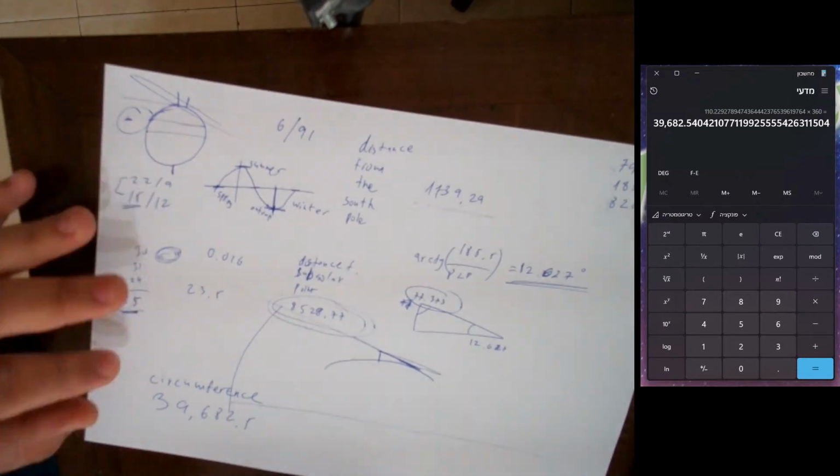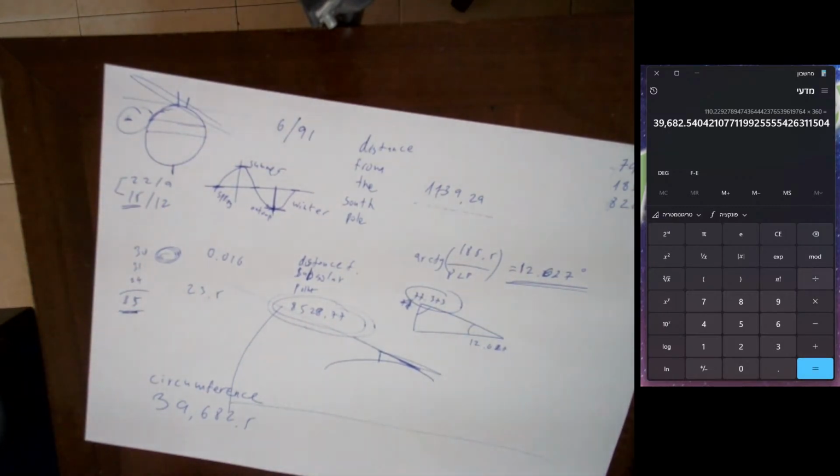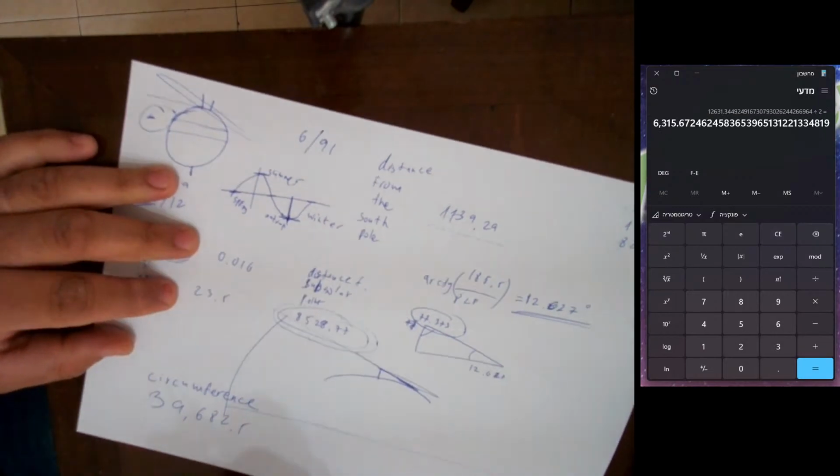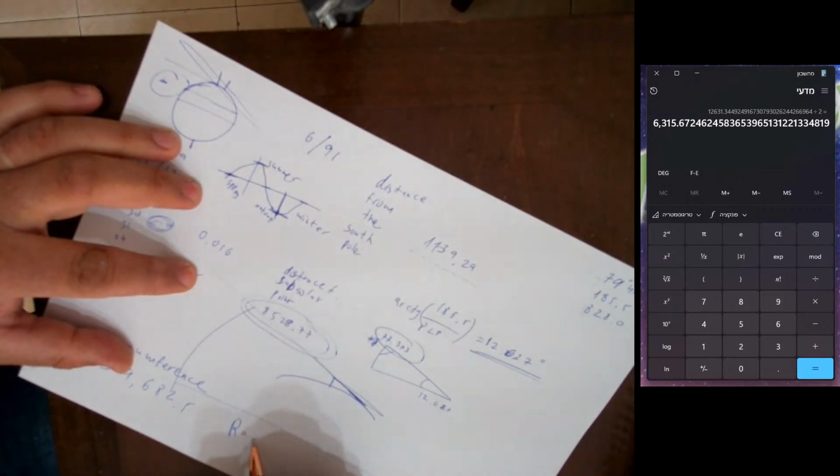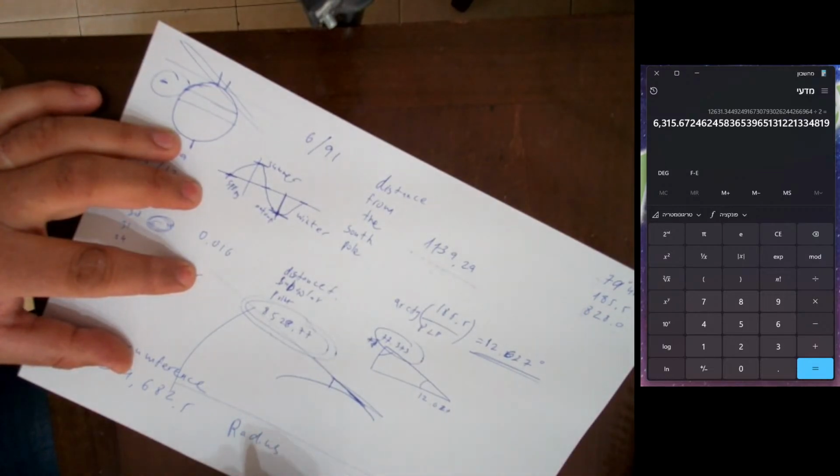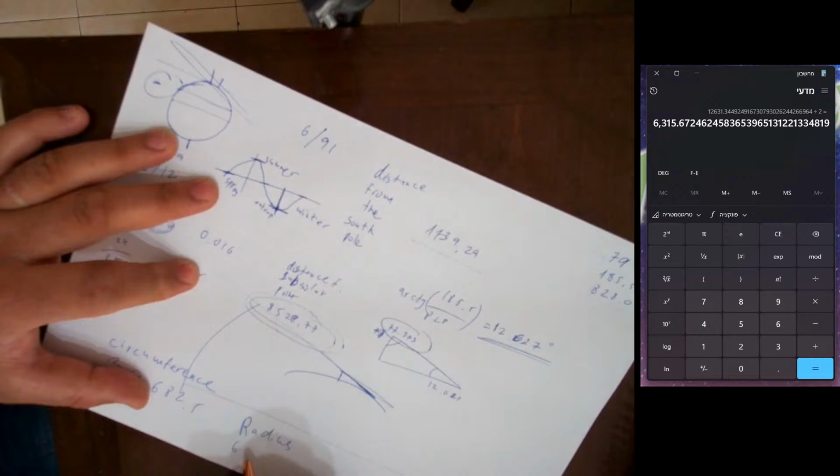Okay, this is the circumference. And if we want the radius, we'll divide that by 2 pi. Okay, this is divided by pi, now divided by 2. And we get a radius of 6,315.